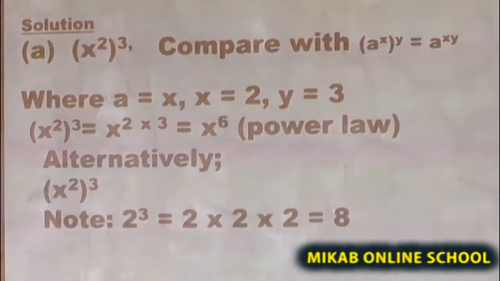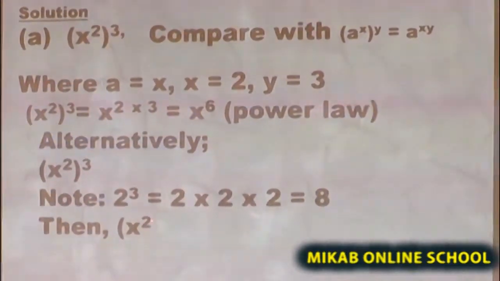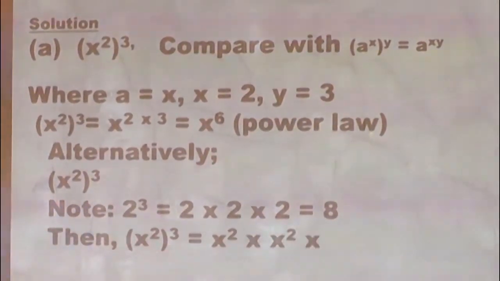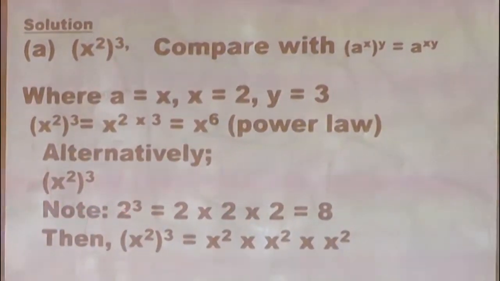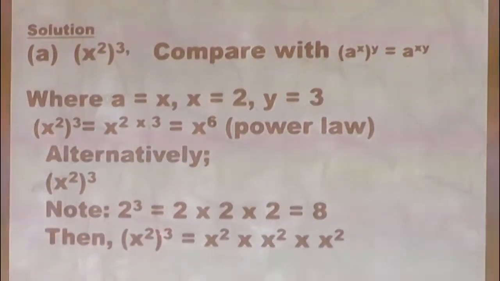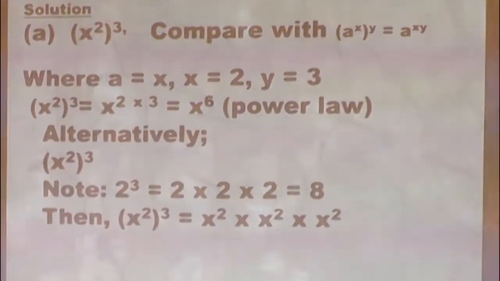And if you use this to express this one, you are going to have x raised to the power of 2. You take this x raised to the power of 2 in position of this 2, and you take this 3 as the power of this x raised to the power of 2 in position of this cube here.